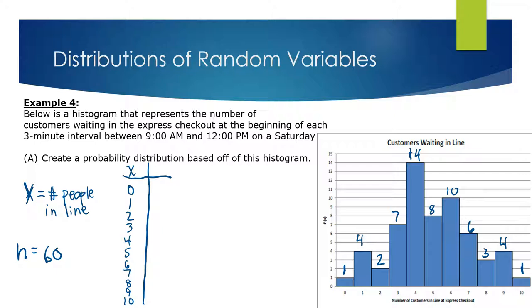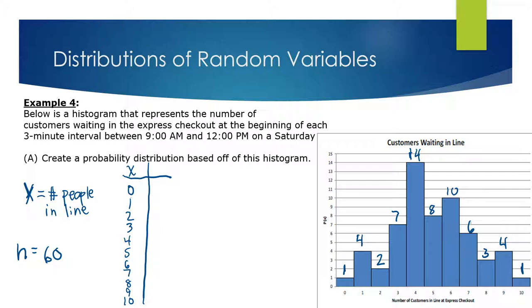I mean, if I look at 9 a.m. to 12 p.m., that's 3 hours. 3 hours is 180 minutes. And if I'm looking at 3-minute intervals, 180 minutes divided by 3 minutes is going to give me 60 of these intervals. So it makes sense in the long run.